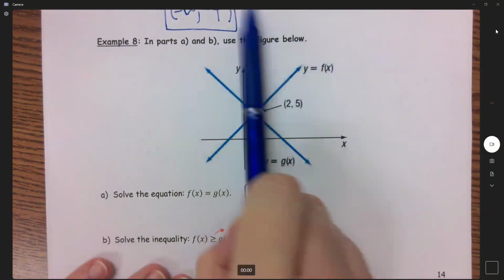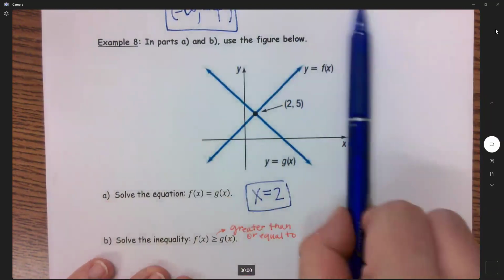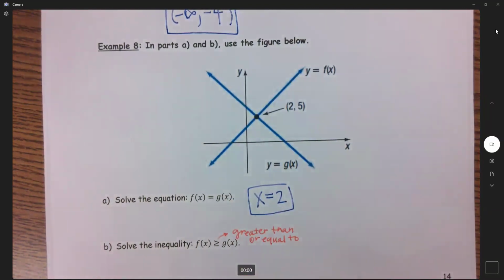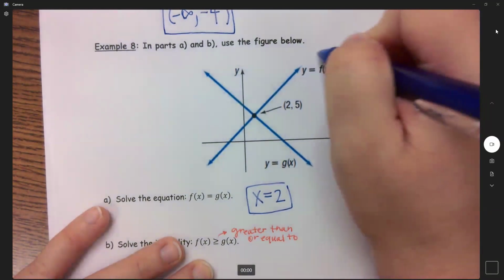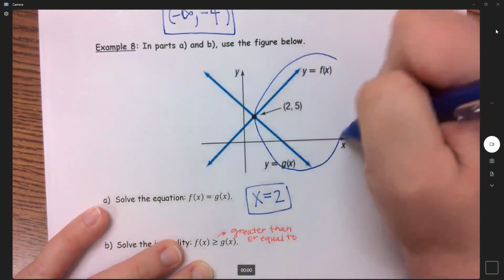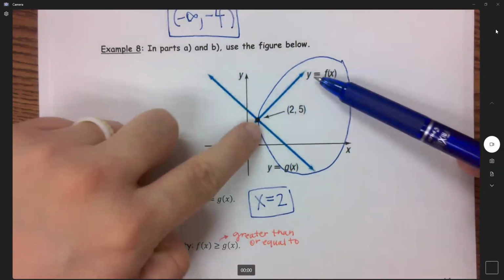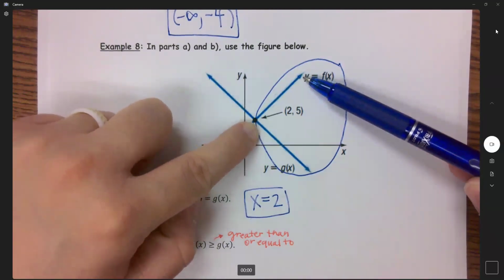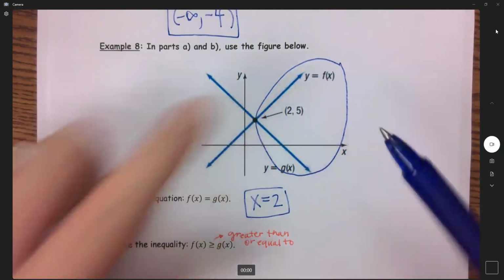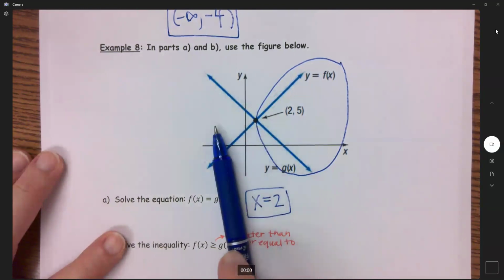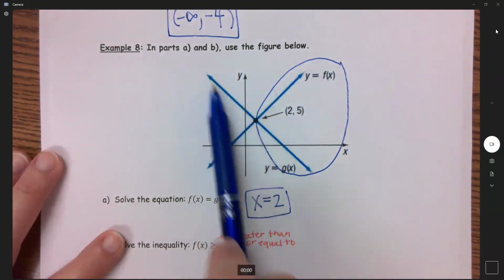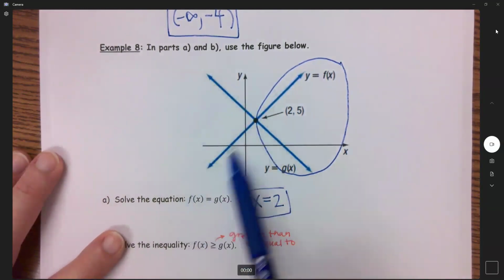So is it to the left of our intersection or to the right of our intersection? And this time we're over here to the right. Here, this is when my f of x is greater than my g of x. Once you go to the left side of that intersection, here my g of x is greater than f of x.